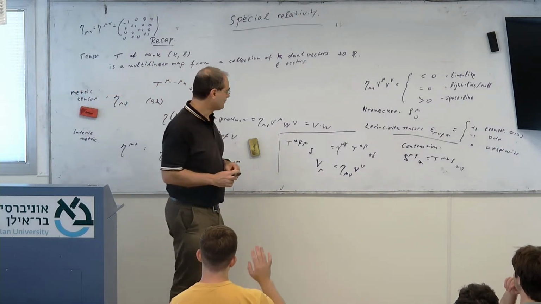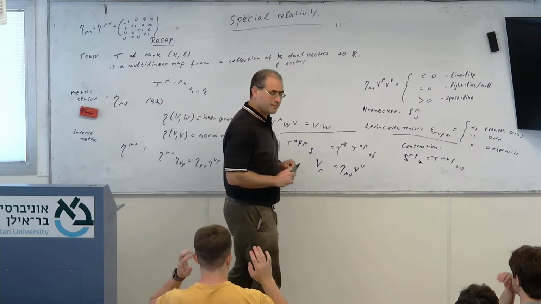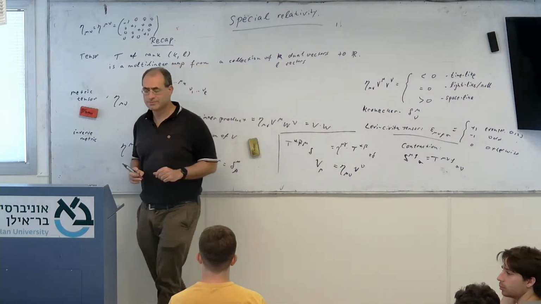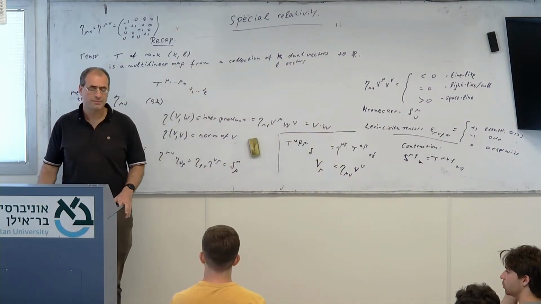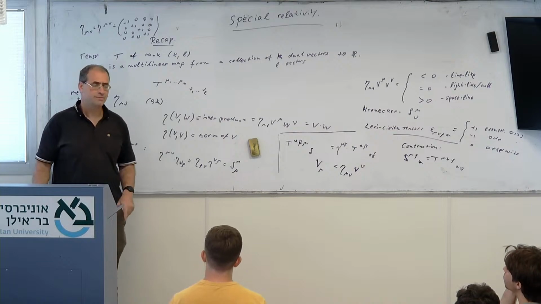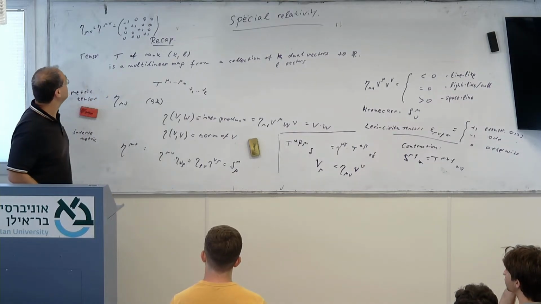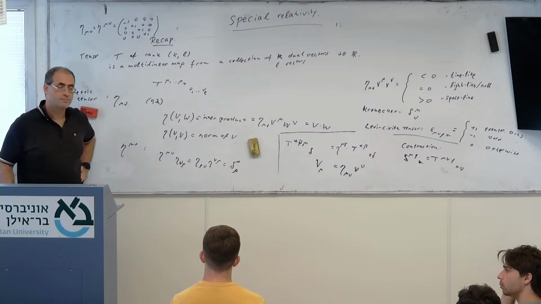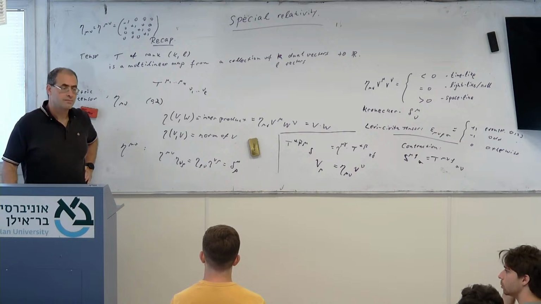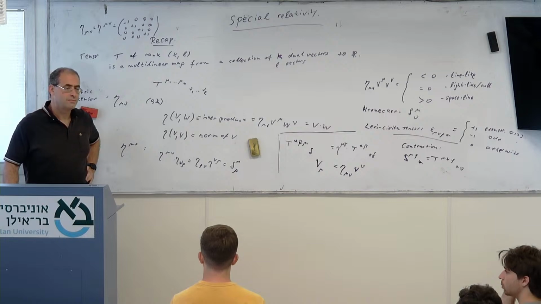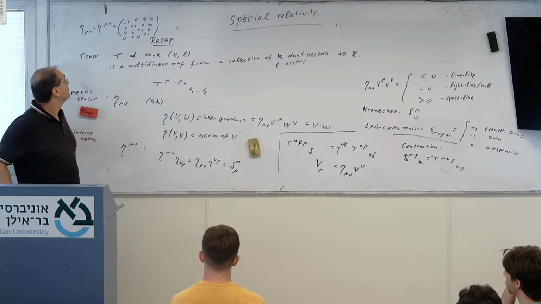May I ask a question? Yes. When we have, for example, a metric tensor, it has both two lower or two upper indexes, and the first one corresponds to row, and the second one to the column.